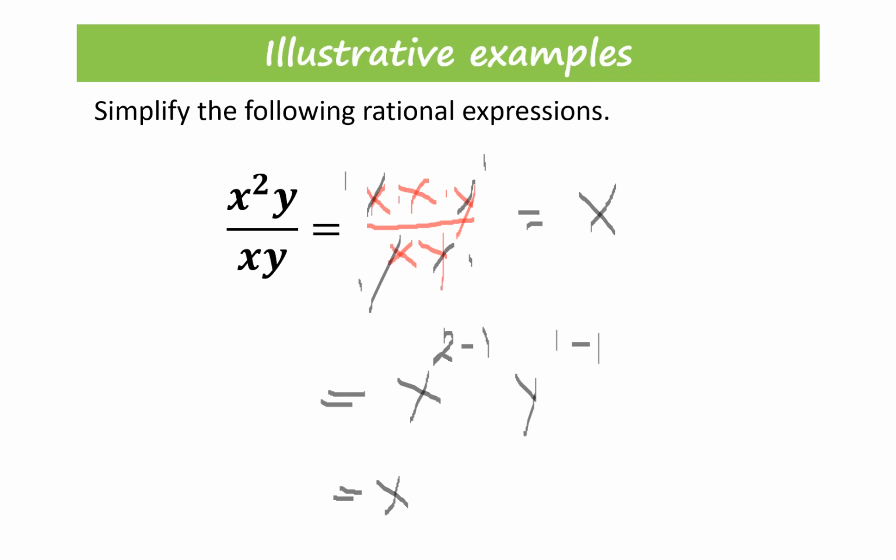So in algebra, we don't usually write the exponent 1. Hindi tayo nagsusulat ng 1 na exponent. And how about that y raised to 1 minus 1? So that will be y raised to 0. But remember the second law of exponents that we have a while ago? Okay, that any number except 0 raised to 0 is equivalent to 1.